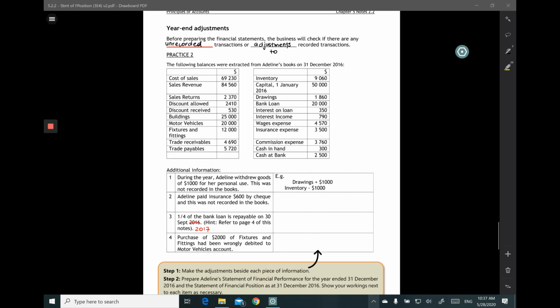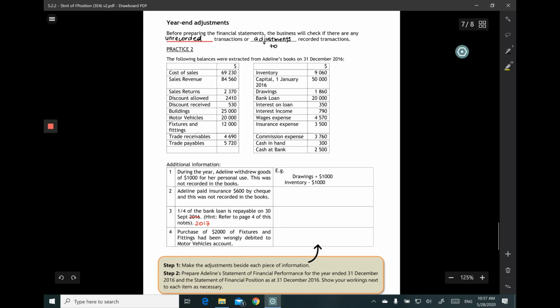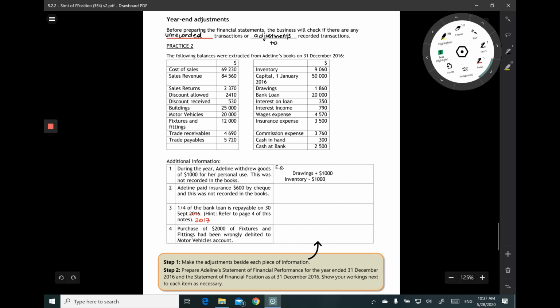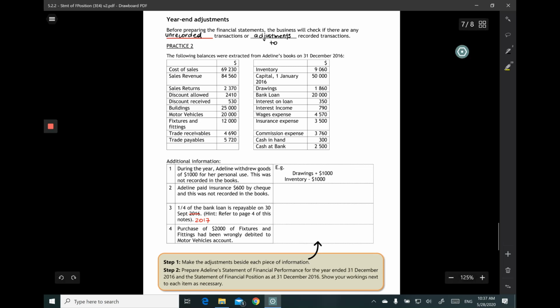If you read the instructions at the bottom, the steps you need to do are to first make all the adjustments, and then in step 2, you are supposed to first prepare the statement of financial performance.